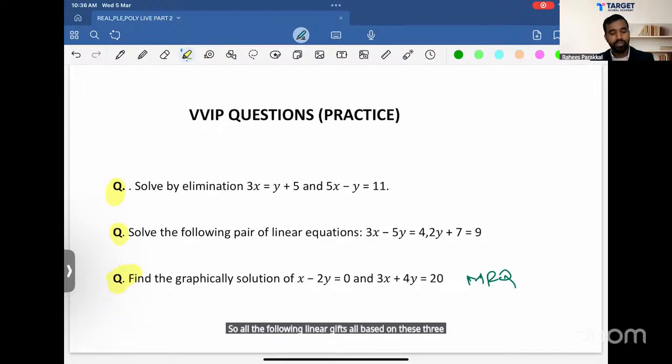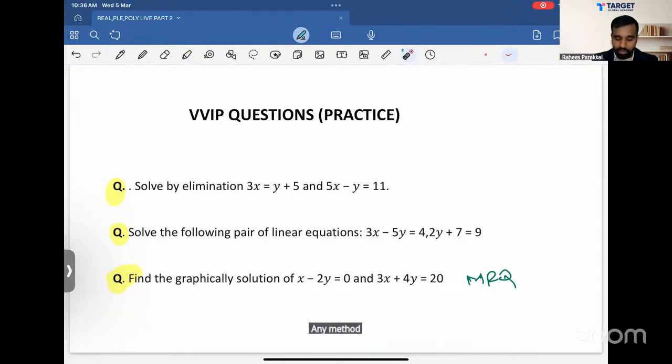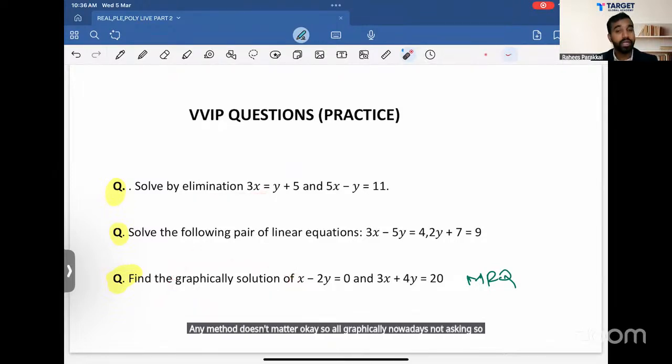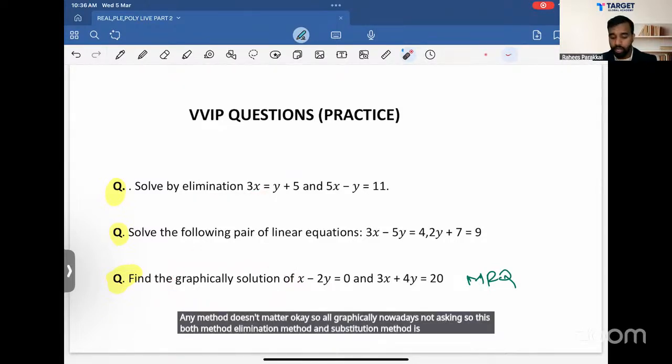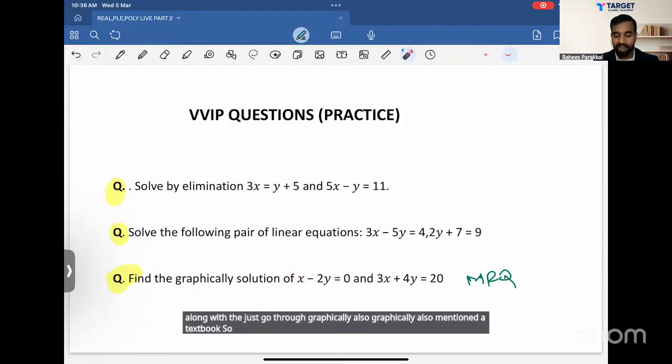Especially solve by elimination method. Just saying solve, you can do elimination or substitution. Any method doesn't matter. Solve graphically is nowadays not asked. So both the elimination method and substitution method are very important. And along with it, just go through graphically also, it is mentioned in your textbook. So practice this question. It is very helpful for you.